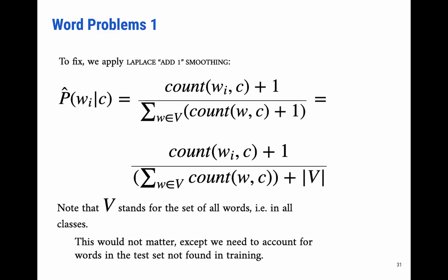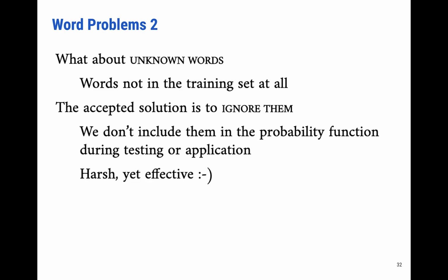We've looked at this. This is something we can implement very easily when we do this in the notebook, but this is to be expected. There are also unknown words not in the training set at all, when we apply our model to data in the wild, if you will. One solution is just to ignore those, or maybe assign them a very low probability when you see them.